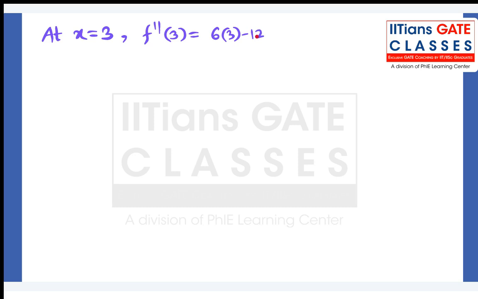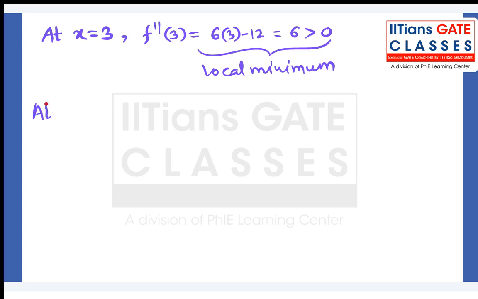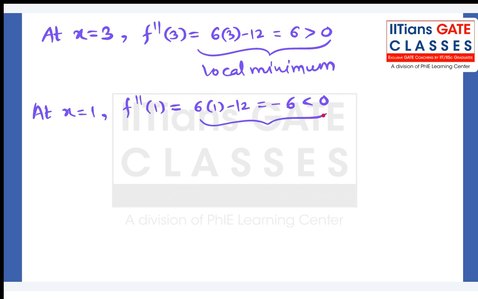That is 18 minus 12, 6, which is greater than 0. So at x equal to 3 you have a local minimum. Similarly at x equal to 1, the value of the second derivative turns out to be 6 minus 12, that is minus 6. It's negative, so that's a local maximum.